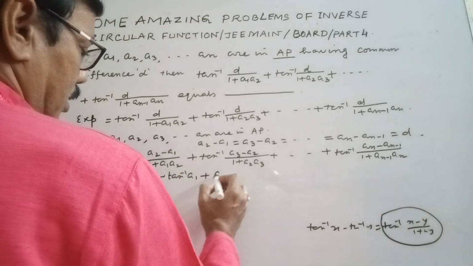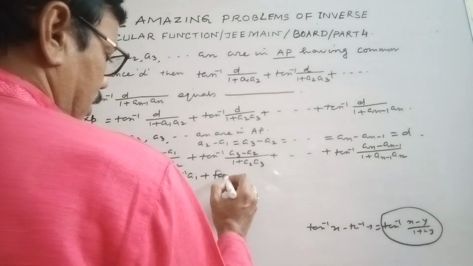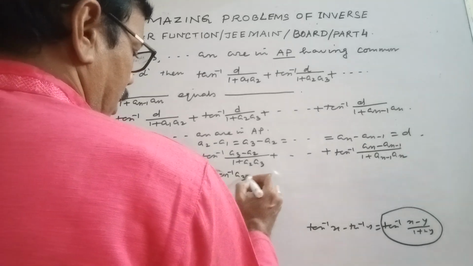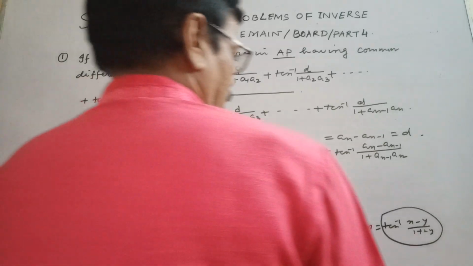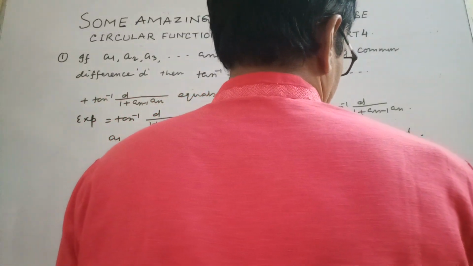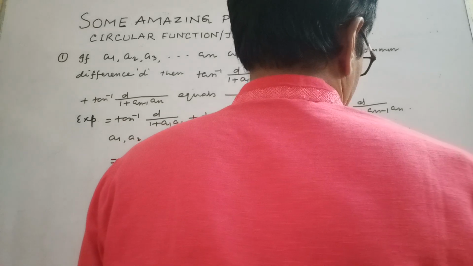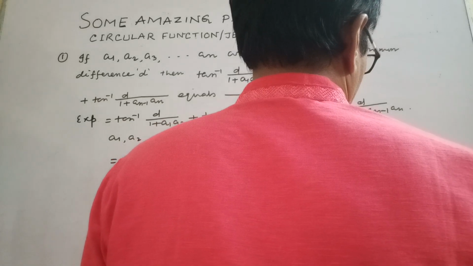Second one, tan inverse A3 minus tan inverse A2. And the last one, tan inverse An minus tan inverse A(n-1).